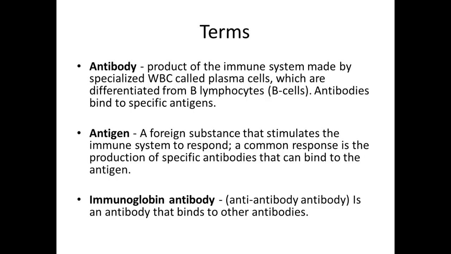So for this test, though, we need antibodies to bind to other antibodies. That secondary antibody is actually going to bind to the primary antibody. So that antibody is a special type of antibody, referred to as an anti-antibody, which is a mouthful, right? It's like, how many antis can you put in there, right?